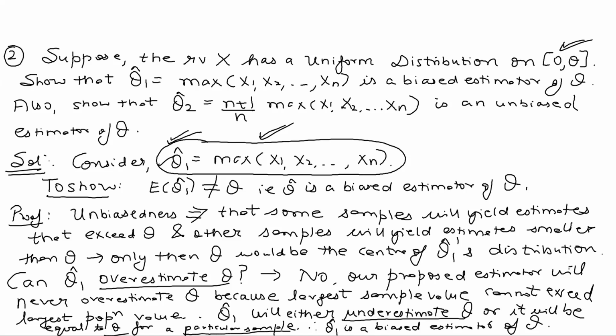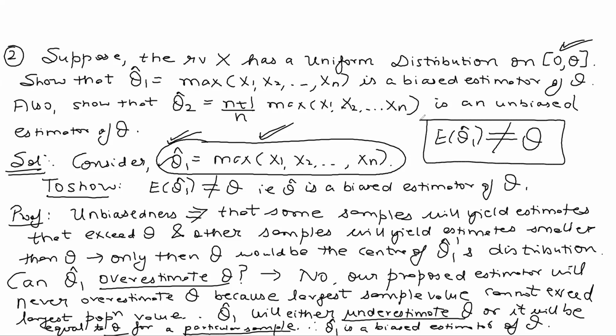And since that is not possible, theta cannot be the center of the distribution. That means theta 1 hat is a biased estimator, because the expected value of theta 1 hat for this question will not be equal to theta. Hoping that the students have understood this question and have no doubts.